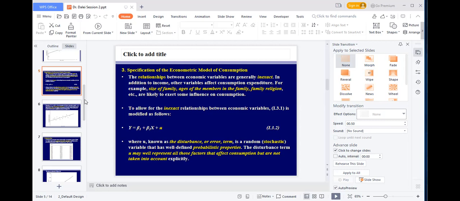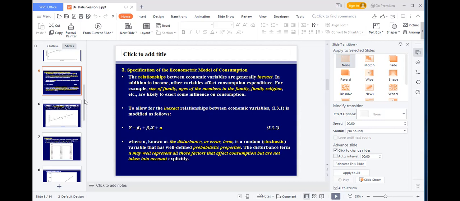But when I am saying the relationship is exact, it is not practically true. Why? Because income is the independent variable which impacts your consumption expenditure, but is it only income which impacts it?